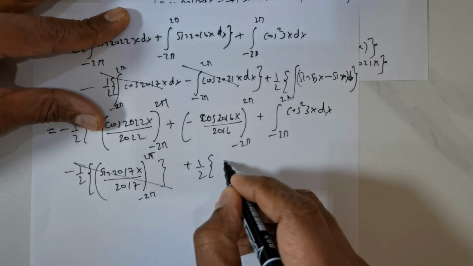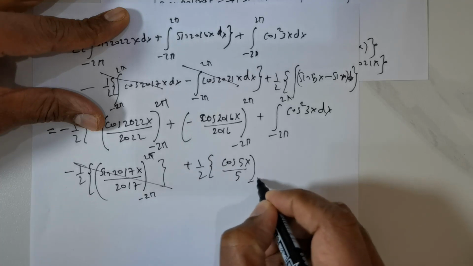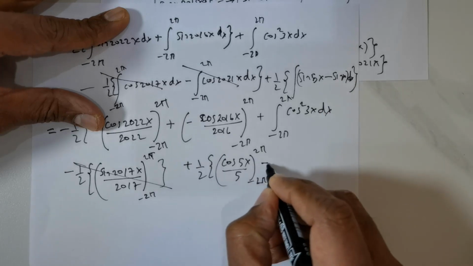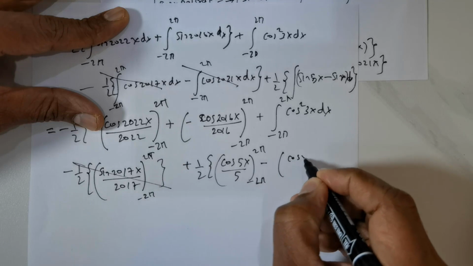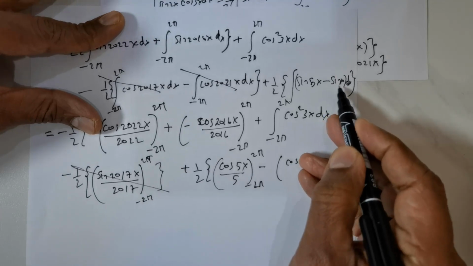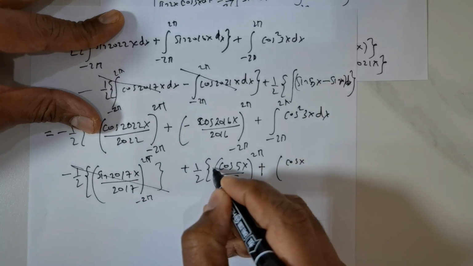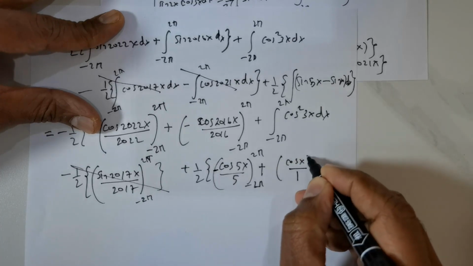Now followed by plus 1 over 2 integral of sine 5x. So integral of sine 5x will give me cos 5x divided by 5. The limits are negative 2 pi to 2 pi, and this is going to give me negative cos x. The integral of sine x will give me a negative, so that will make this as positive, so there will be a negative sign for this. So divided by coefficient of x is 1.